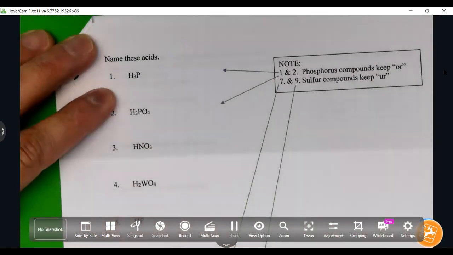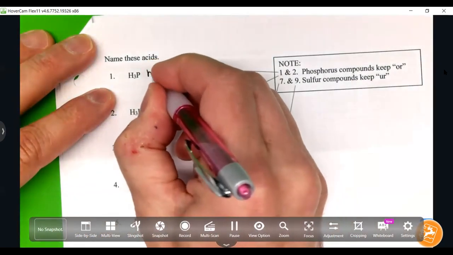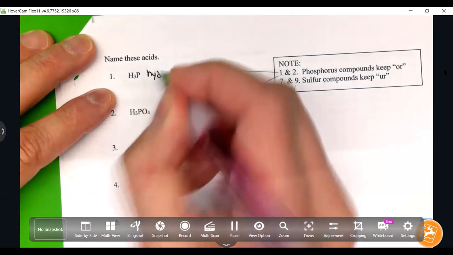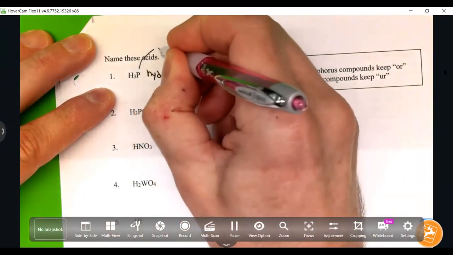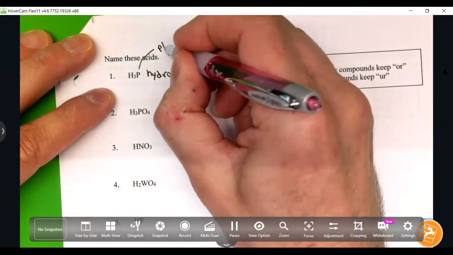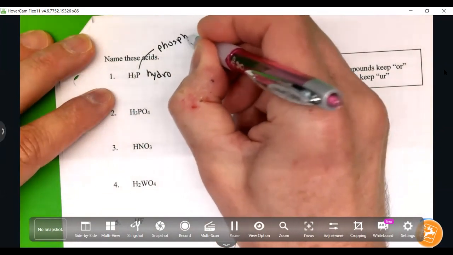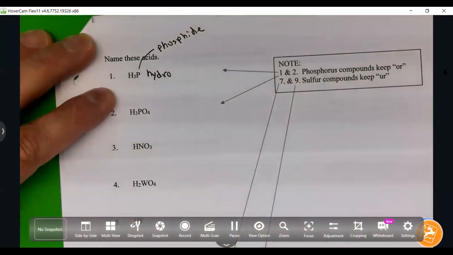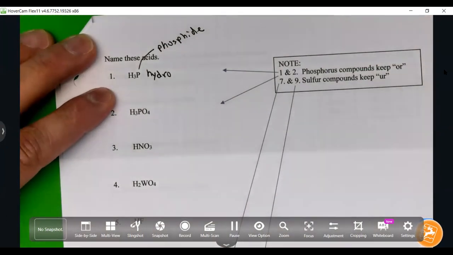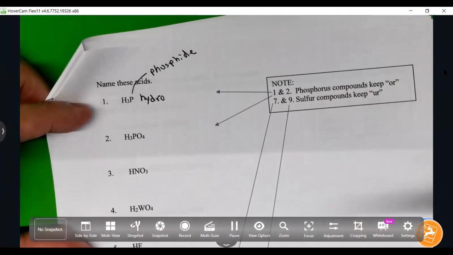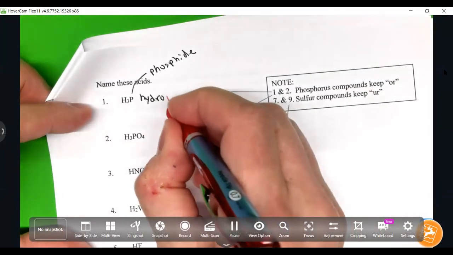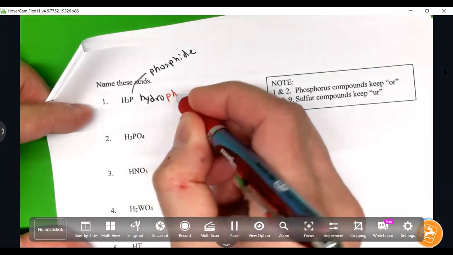So this is going to start with hydro. This ion here is phosphide. So this is going to be hydro.